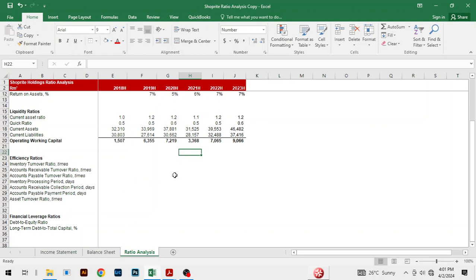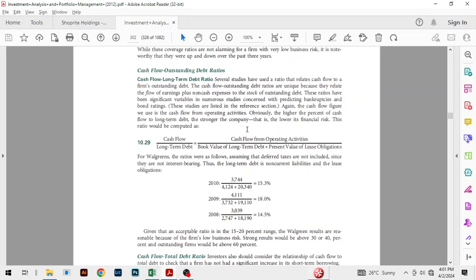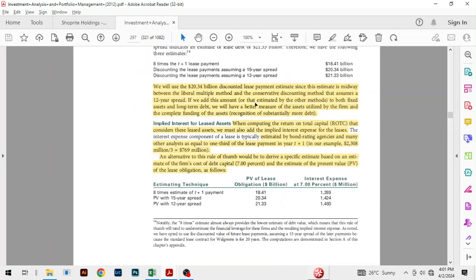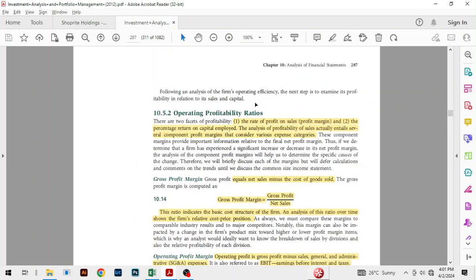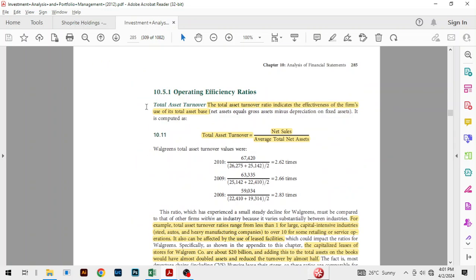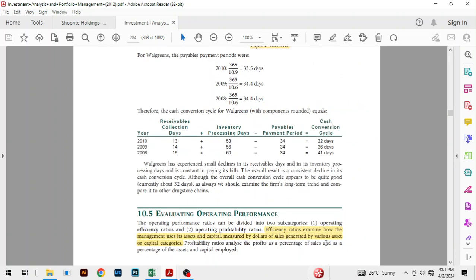So here, by definition, there's a definition that I love. That's in this book. So let me just quickly go right up here. Okay, so these are operating efficiency ratios. So here we're saying efficiency ratios examine how the management uses its assets and capital, measured by dollars of sales generated by various asset or capital categories.